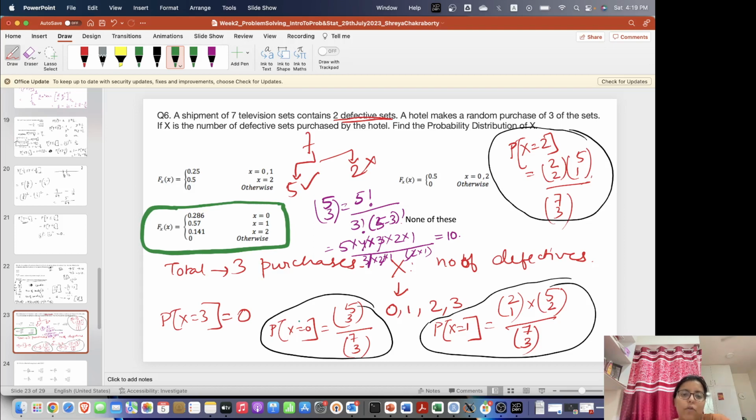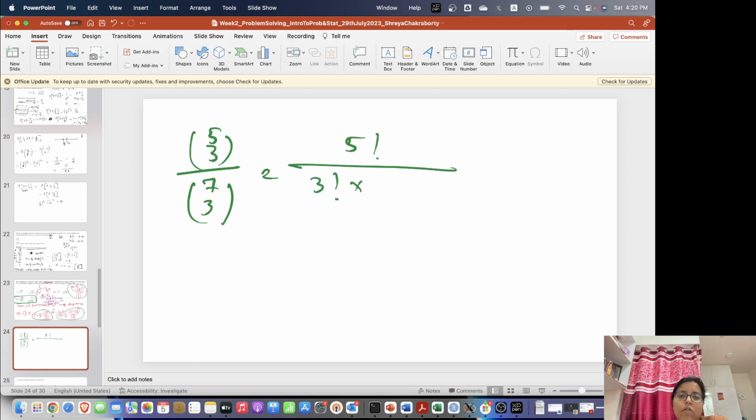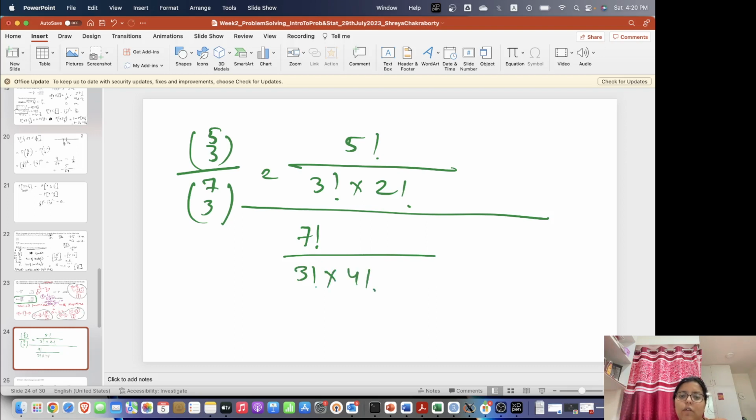So 1 I'm going to do just for the sake of doing it. So 5C3 by 7C3 is 5 factorial by 3 factorial into 2 factorial divided by 7 factorial by 3 factorial into 4 factorial.